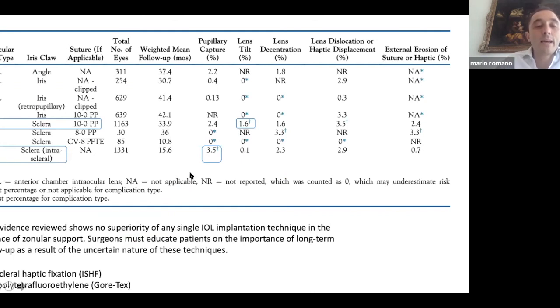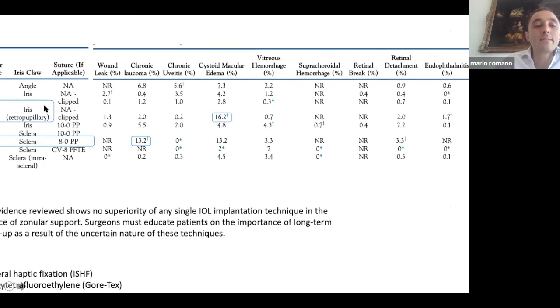We can see that with scleral PCIOL we have a higher chance of tilting. With the intrascleral one, we have a higher chance of pupillary capture, whereas with the anterior chamber iris retropupillary IOL, we have a higher chance of cystoid macular edema, and with the scleral PCIOL, a higher chance of chronic glaucoma.